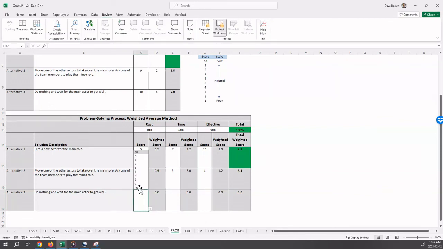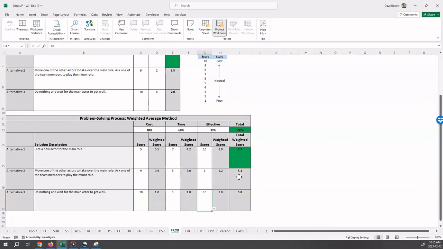We said cost, really good. Okay. Timeliness, this is the main problem here, in that we could really mess up our schedule if he or she gets worse, and isn't able to come back in time. But the effectiveness, if they do return, would be very good.